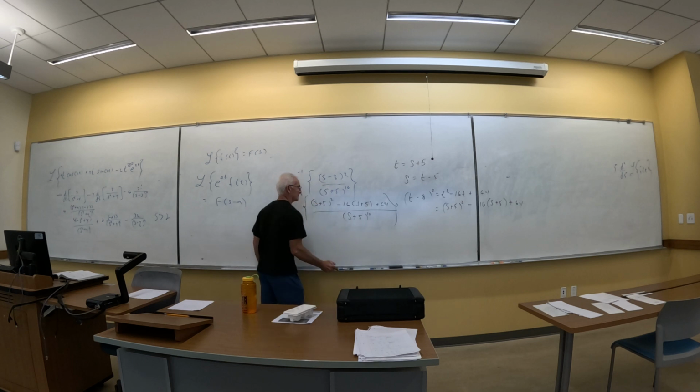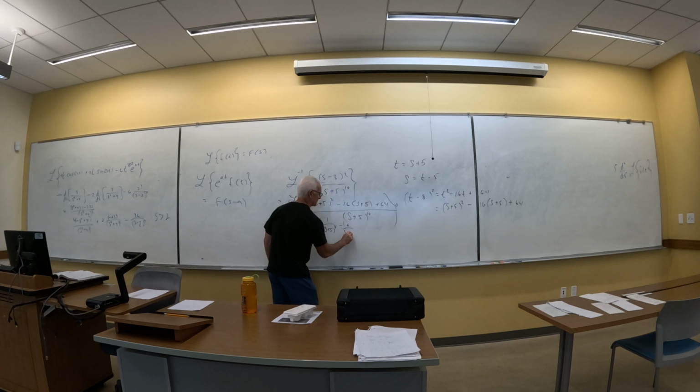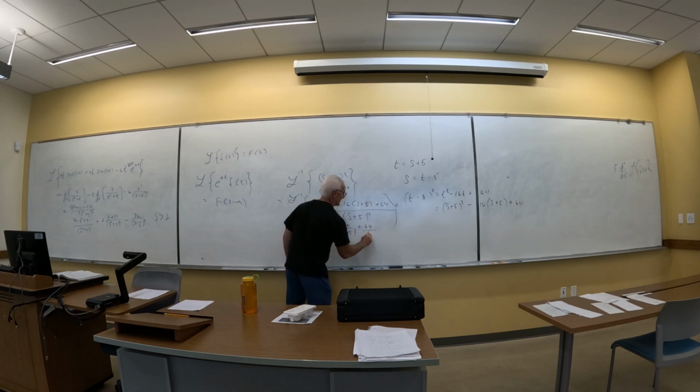Can I now cancel? Yep. So I am 1 over (s plus 5) to the 8th, minus 16 over (s plus 5) to the 9th, plus 64 over (s plus 5) to the 10th.